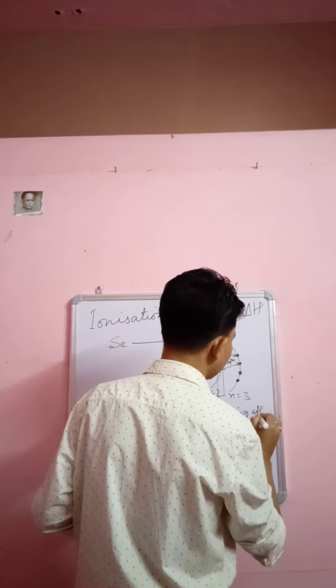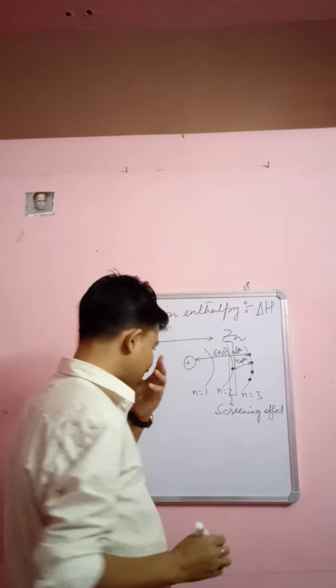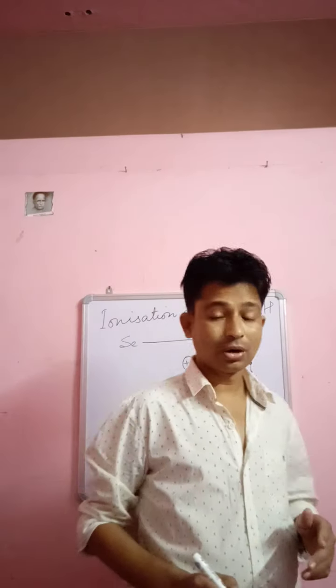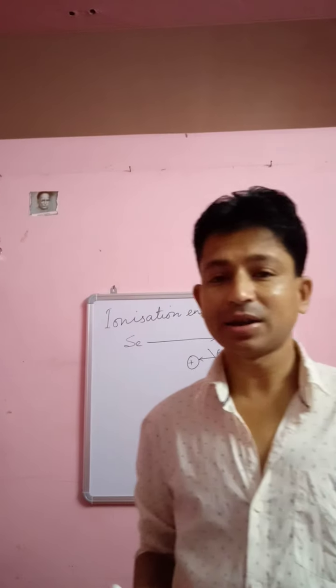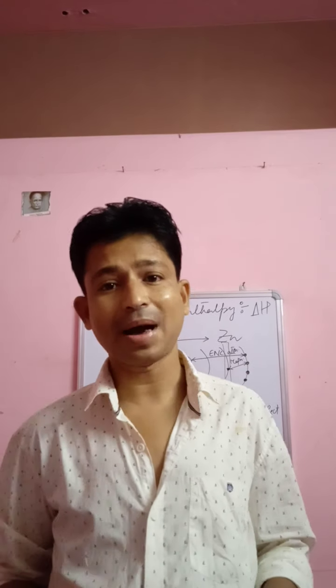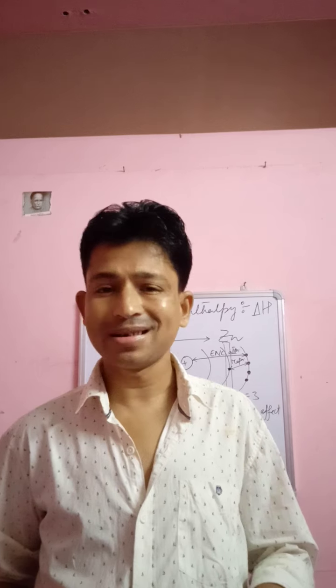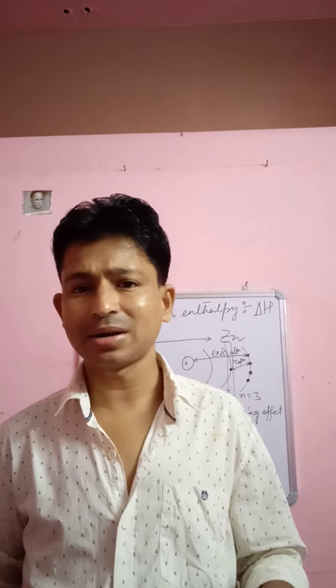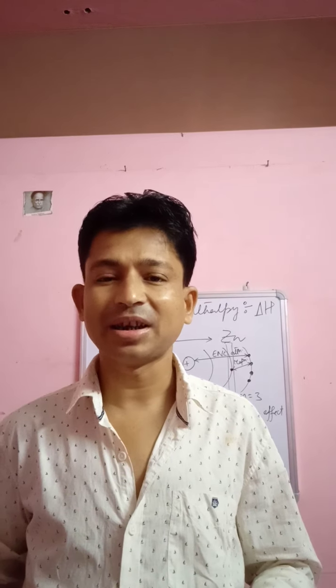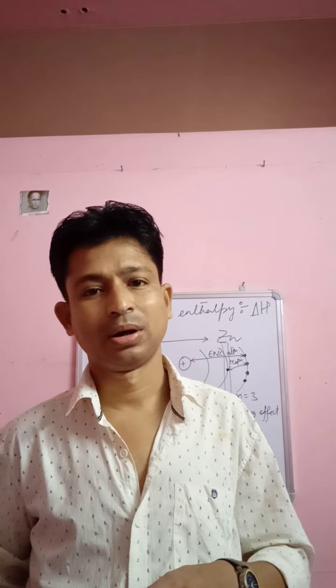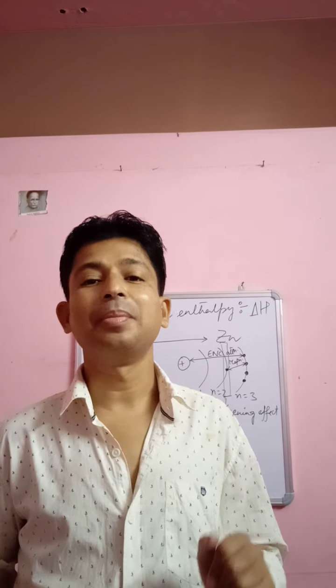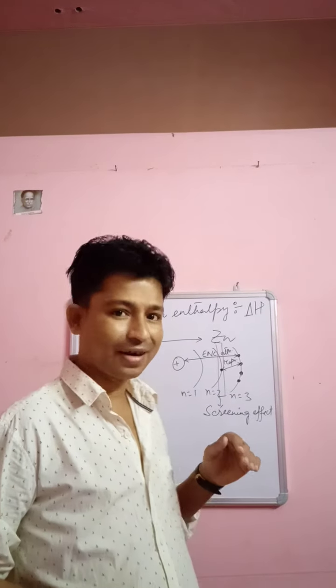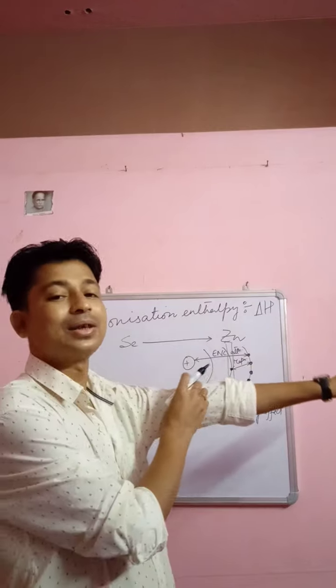As the screening effect also increases, the increase in effective nuclear charge is balanced or opposed by the screening effect. In other words, the attractive force between nucleus and electron is balanced by the repulsive force between electron and electron. So this trend of increasing ionization enthalpy becomes limited.